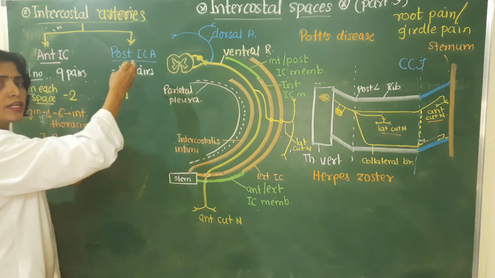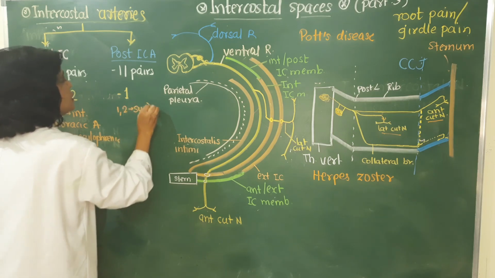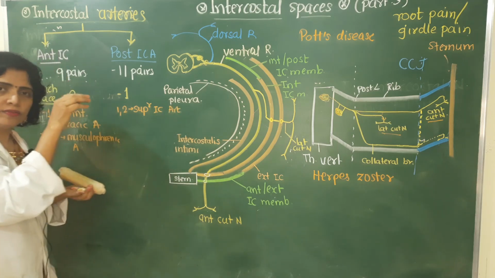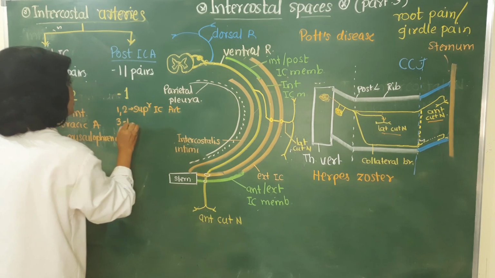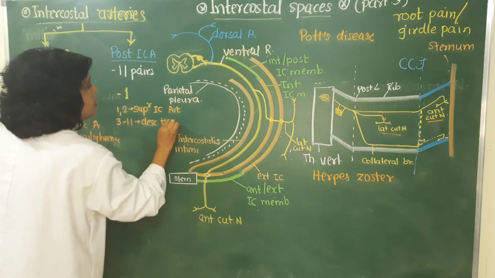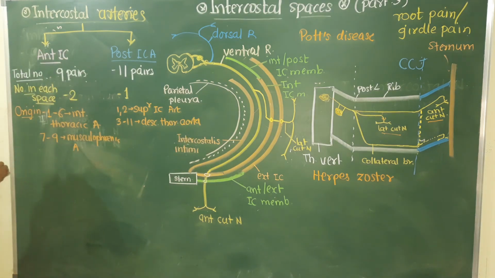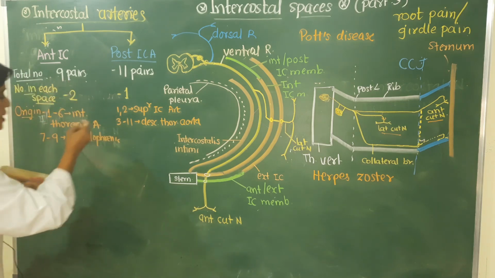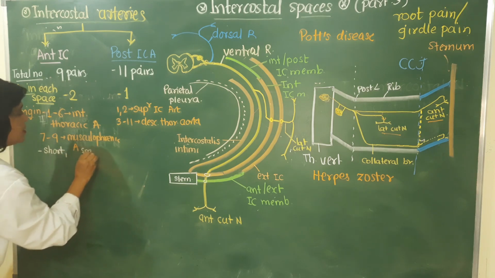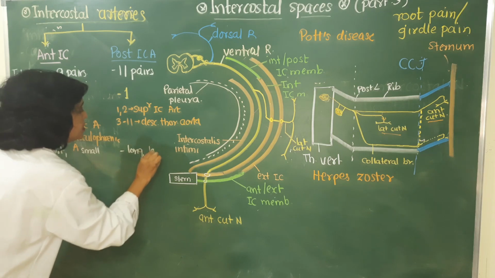For the posterior intercostal arteries, first and second are the branches of the superior intercostal artery, which is the branch of the costocervical trunk, which in turn is the branch of the subclavian artery. And third to 11th are the branches of the descending thoracic aorta. So that is about the origin. Now these anterior intercostal arteries are very short and small in size, while the posterior are long and large in size.